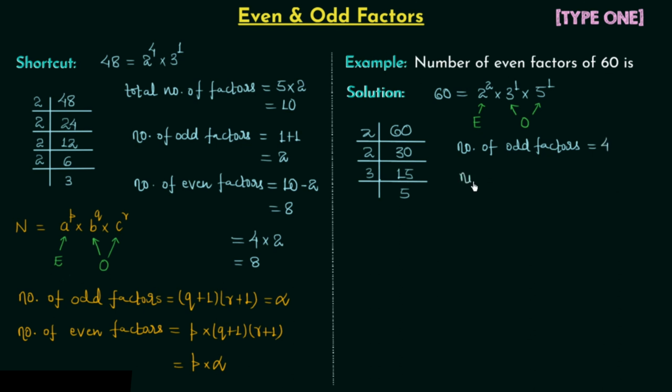Moving on to finding the number of even factors of 60, this will be equal to 2 multiplied by 4, giving us 8. 2 is the power of the even prime factor and 4 is the total number of odd factors, and to find the number of even factors, we need to multiply them. So this is it for the example problem.